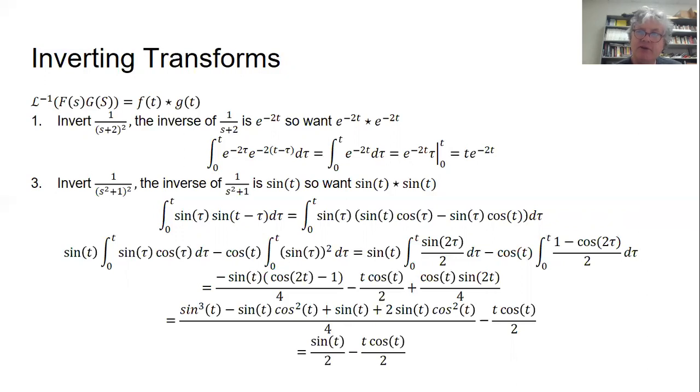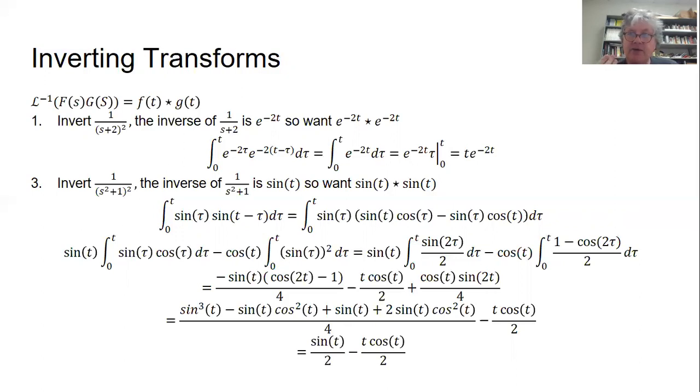So you throw that into the definition, and you get sine of tau times sine of t minus tau. The only thing now to do is use the subtraction formula for sines. So sine of t minus tau is sine of t times cosine of tau minus sine of tau times cosine of t.